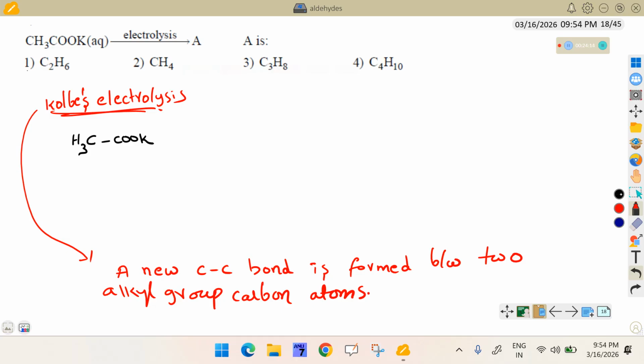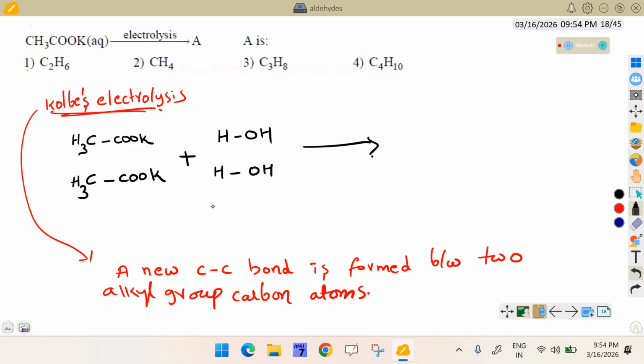See the next question. CH3COOK undergoes electrolysis. Sodium or potassium salts of carboxylic acid undergo Kolbe electrolysis. Take 2 moles of CH3COOK, the salt of carboxylic acid, which undergoes electrolysis. Electrolyte is required, that is taken as water molecule.